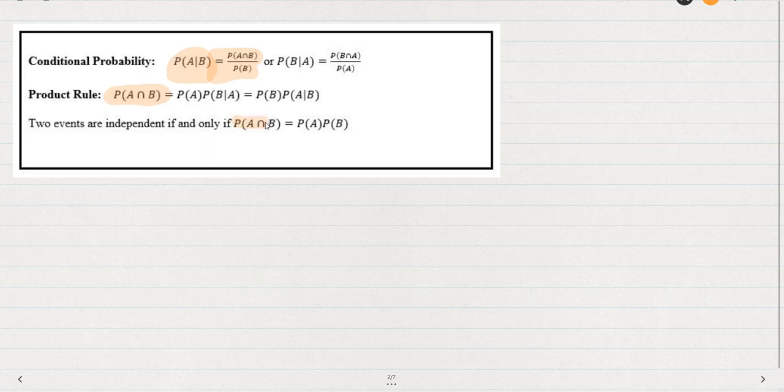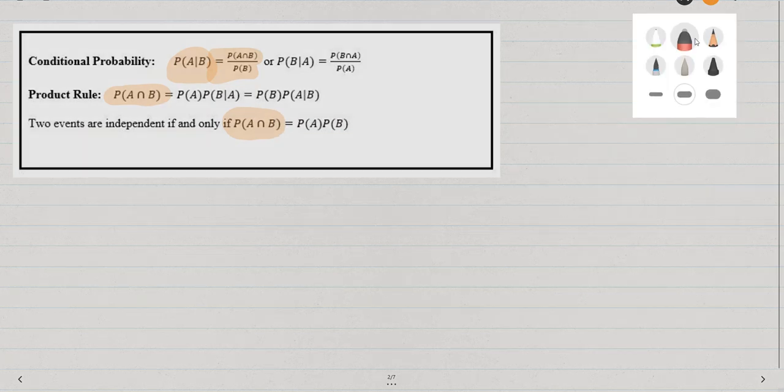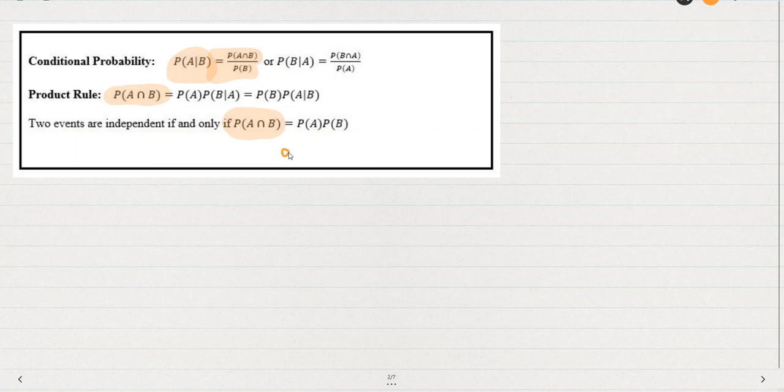If the two events are independent, then the probability of their intersection, remember that the intersection means and, so the probability of event A happening and B also happening, is the product of their two probabilities. But that product formula only works when the two events are independent, or in other words, what happens in A doesn't affect B.